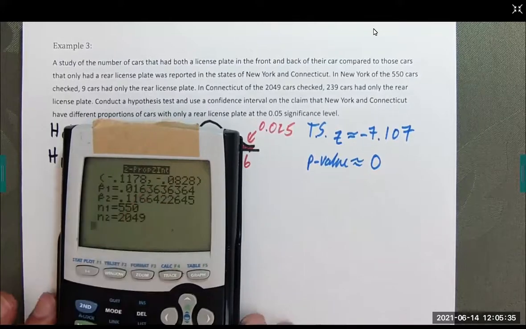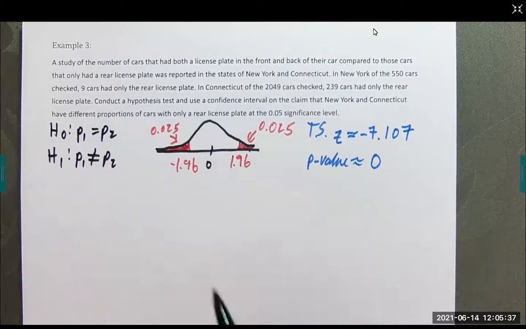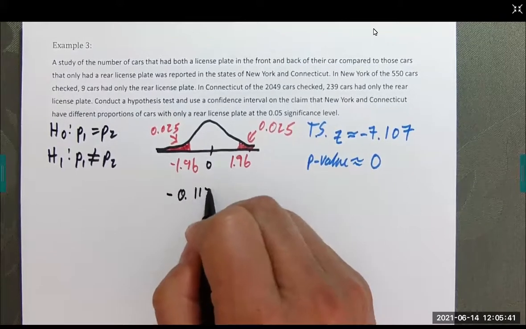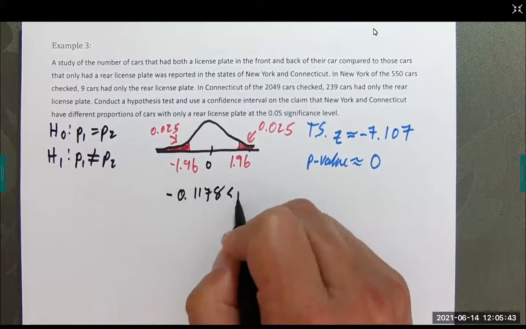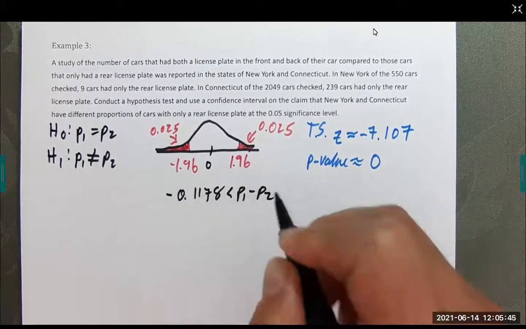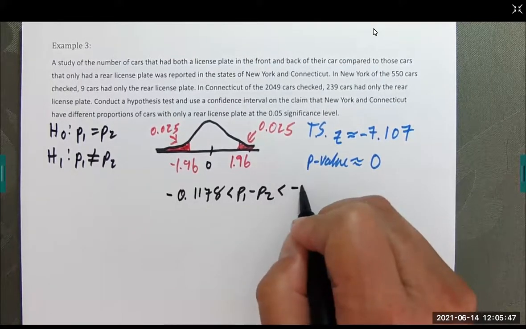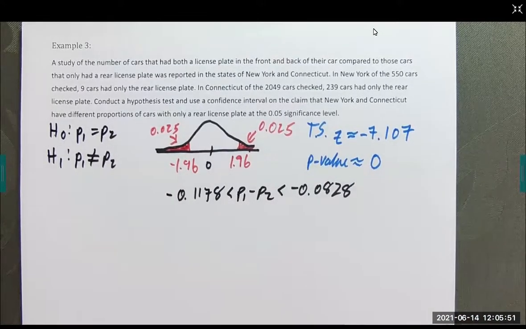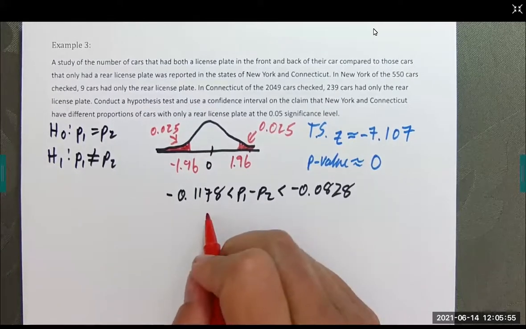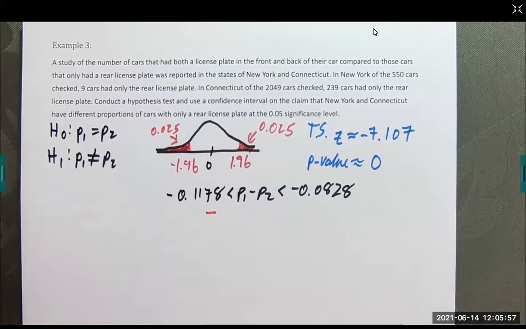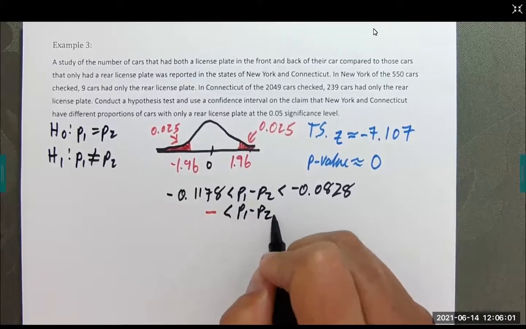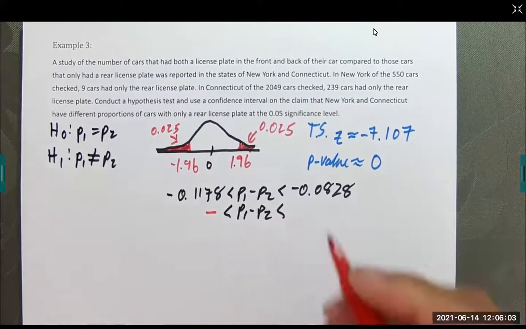Let's write that down. So we are going from a negative to another negative, which means 0 is not in there.